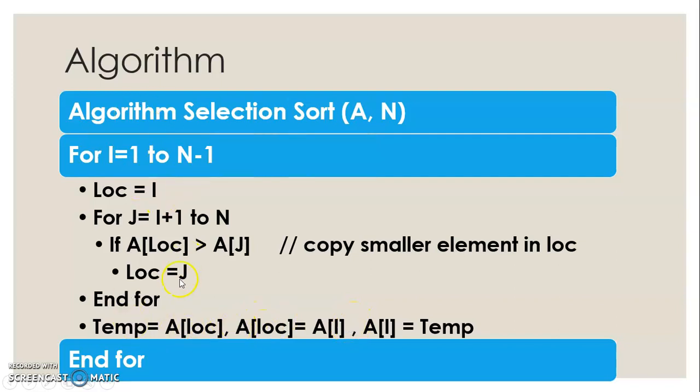So what we are doing in this algorithm: first of all, we keep I in LOC, and then we find the smallest element in the array and keep its location in LOC, and then swap the element at LOC with the ith element to get the element at LOC to its proper position.